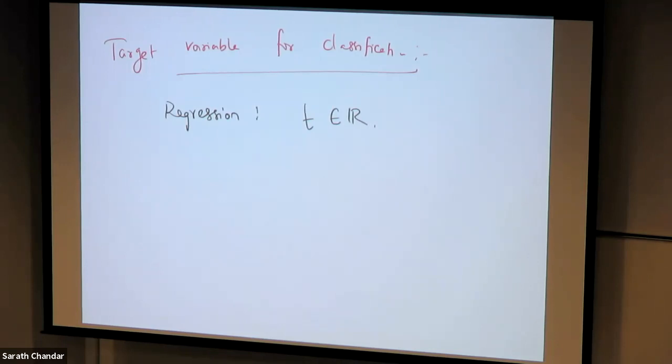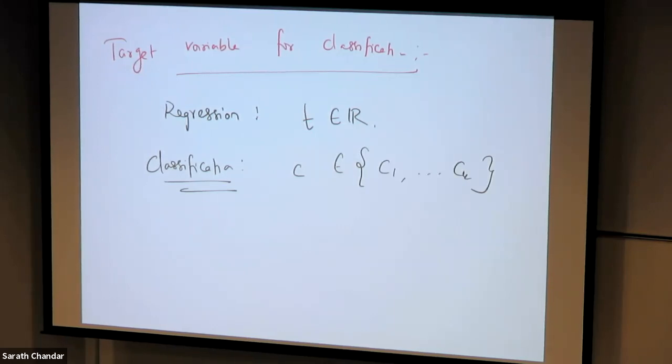But in the case of classification, your target class C belongs to a bunch of discrete categories, like C1, C2 to CK. For example, it could be dog, cat, birds, and so on. Now we deal with mathematical models, which means we cannot use these abstract classes. We have to convert them into some form of numbers.